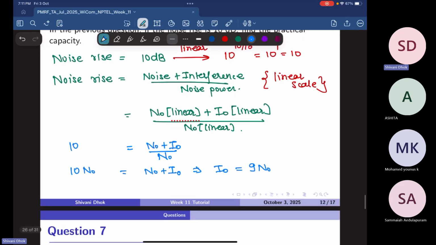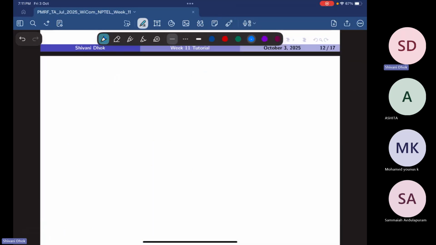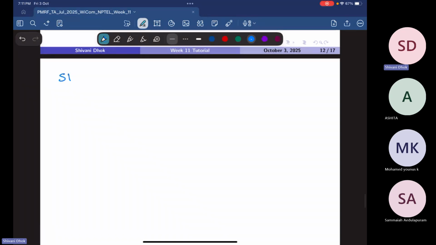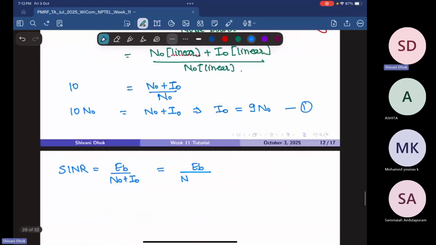Okay, so this is the first equation that we have. Another thing that we know is that this SINR is basically Eb by (N naught plus I naught), and from the previous equation, N naught plus I naught is 10 times N naught.